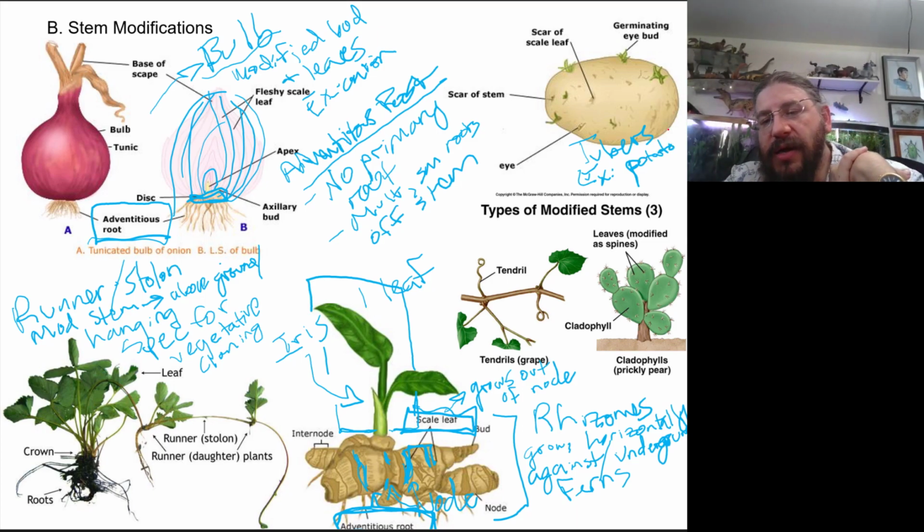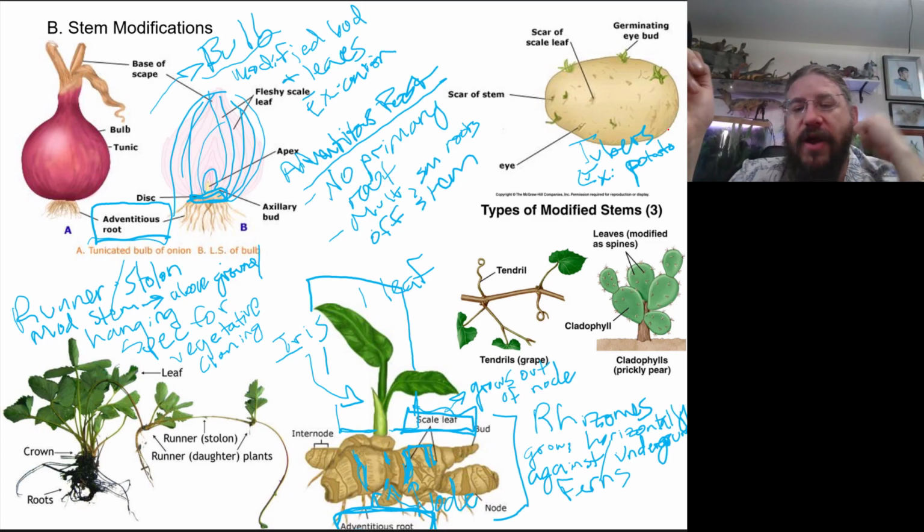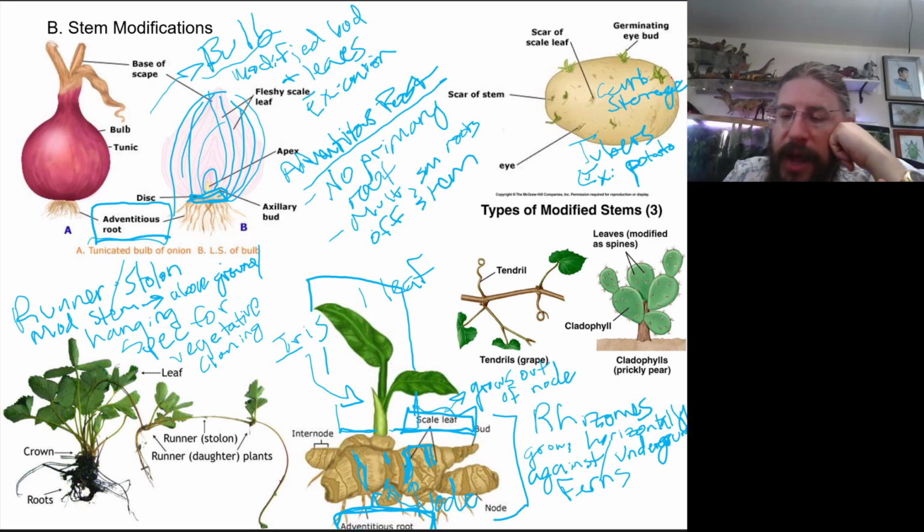They are stems, right? So it's got a big swollen portion of the stem that's generally underground, but not always, for carbohydrate storage. Carb storage, right?